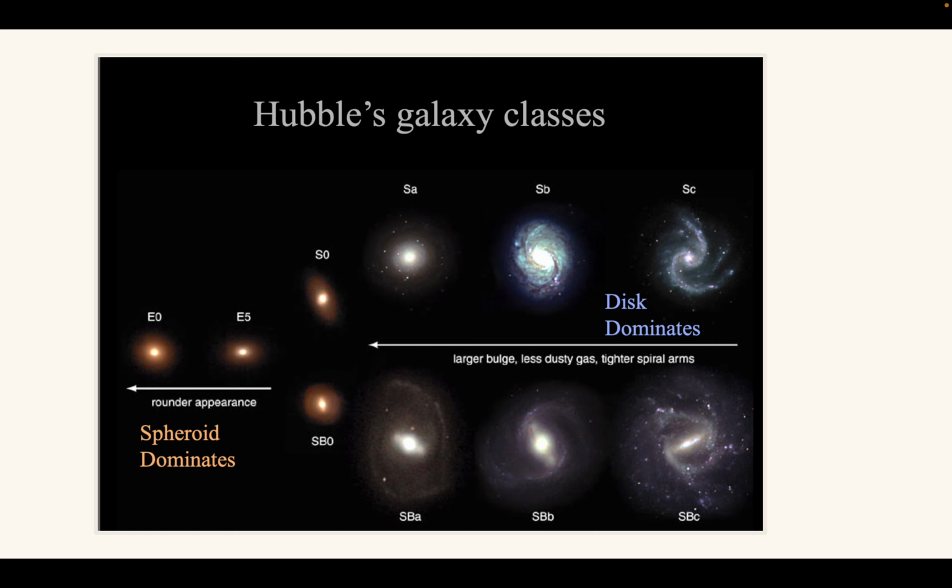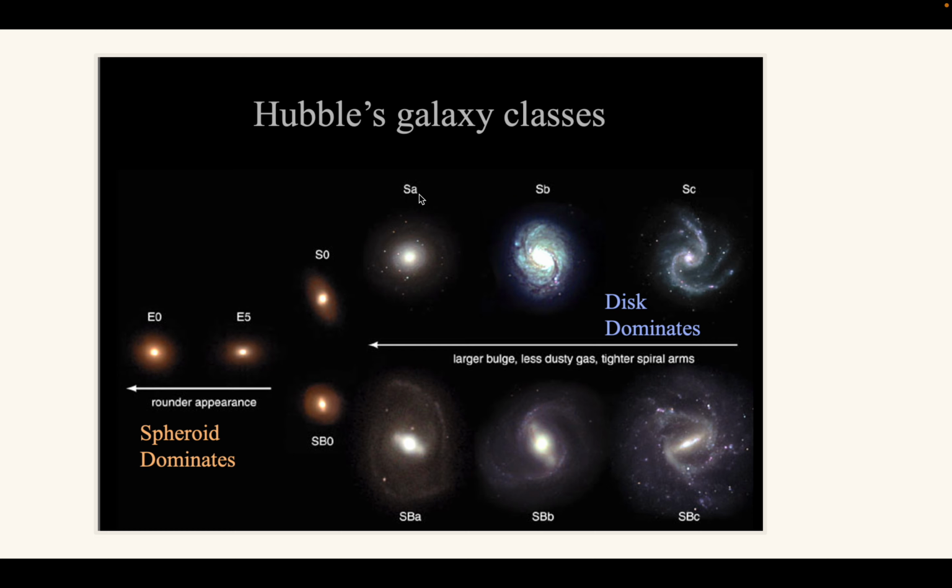The first kind of spheroid dominated galaxies are the S0 kind of galaxy. From S0, just like a fork, two branches originate.